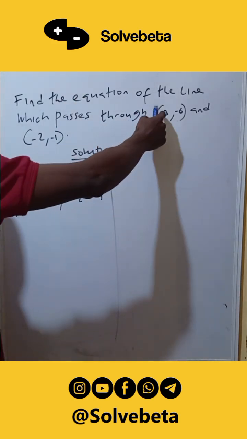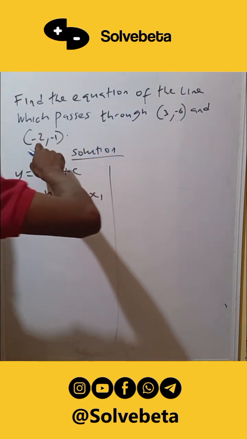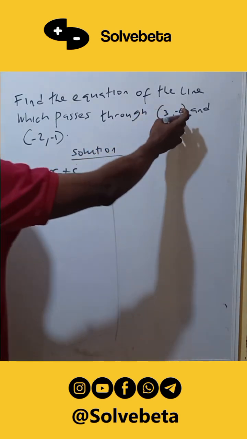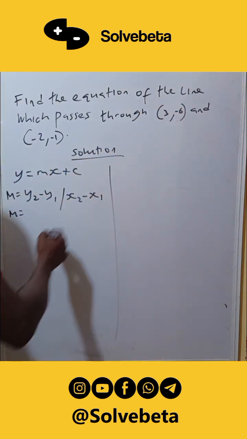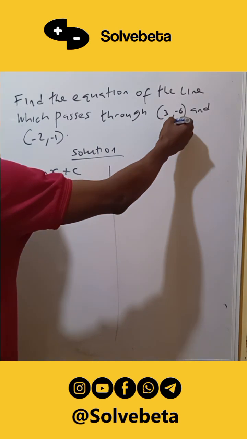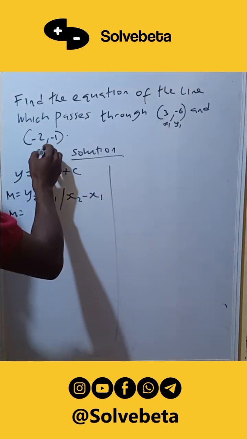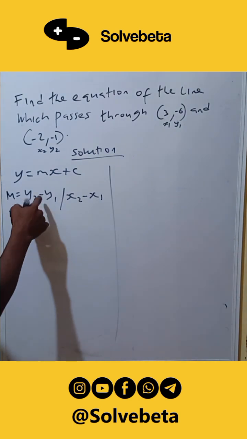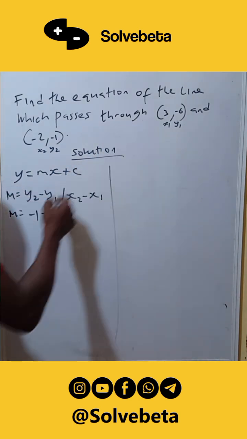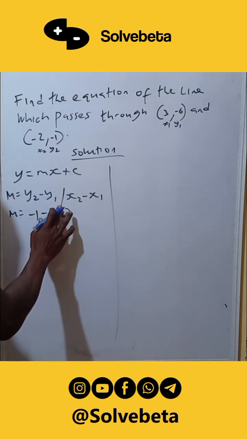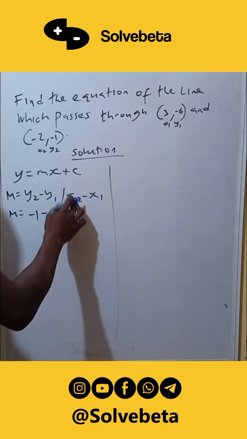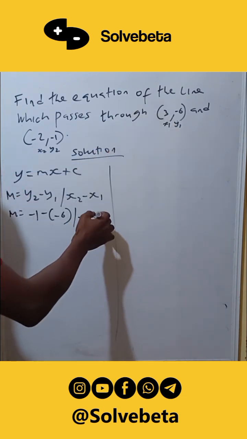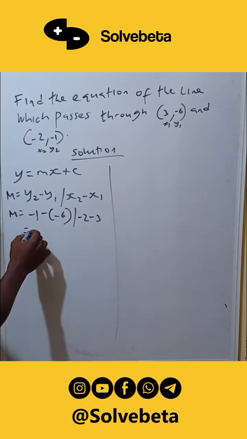We have to coordinate this x1, y1, x2, y2. x1 is 3. So what's y2? Minus 1 minus y1 minus 6 divided by x2. What is x2? Minus 2 minus what is x1? Minus 3.